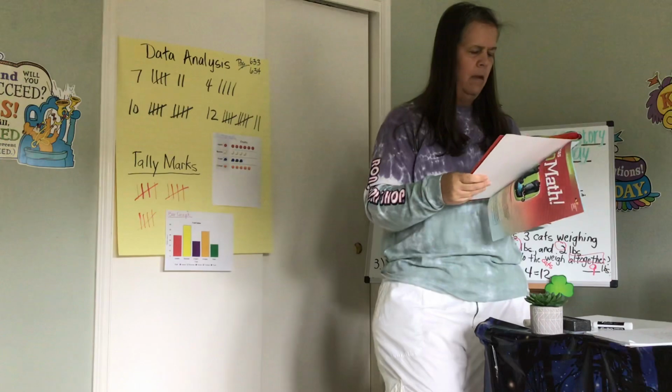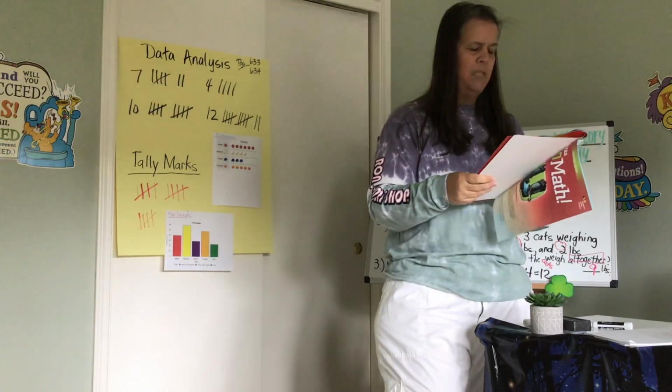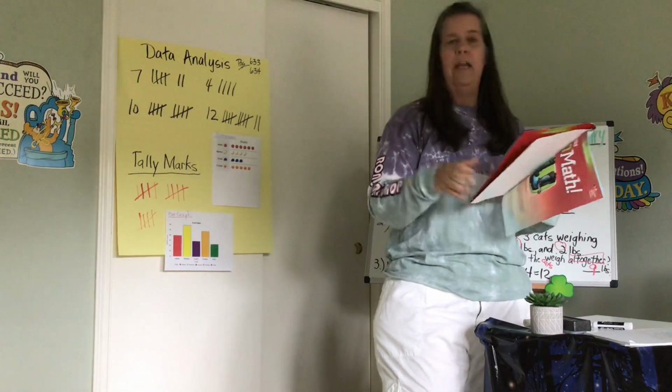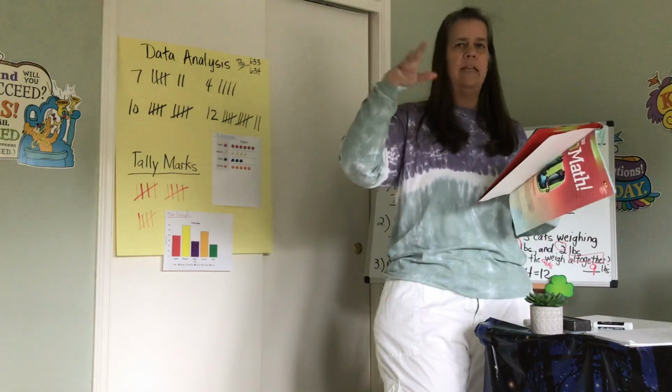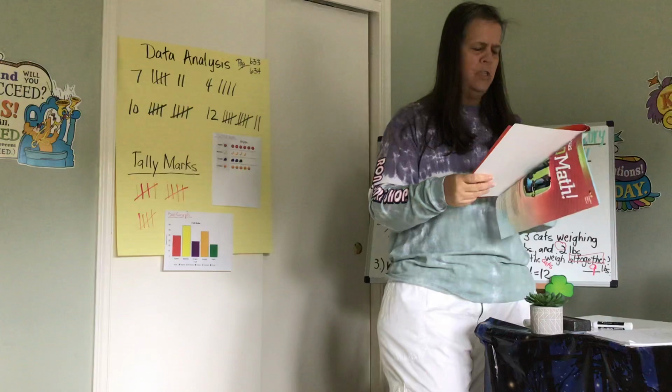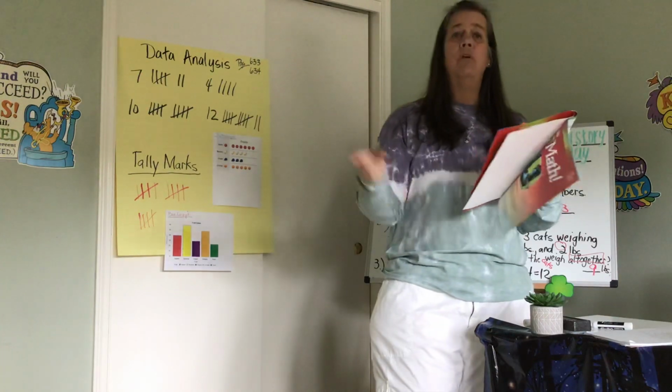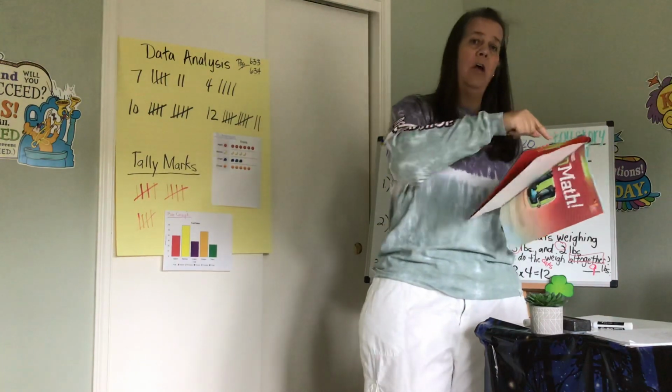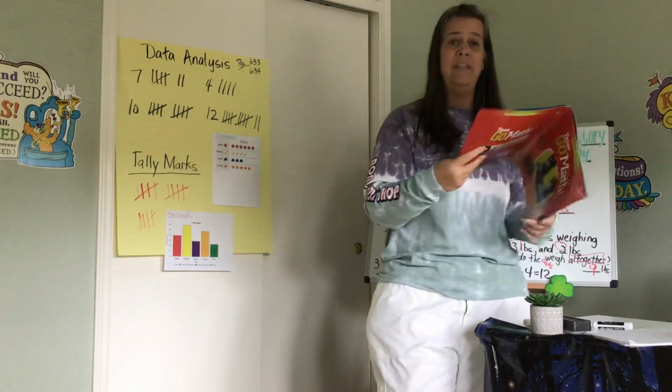Okay? Number 3, blank grapes is more than 6 grapes. So anything, once again, more than 6. 7, 8, 9, 10, 11, 12, and on up. Number 4, blank oranges is fewer than 5. So 4, 3, 2, 1, 0 could be possible choices.